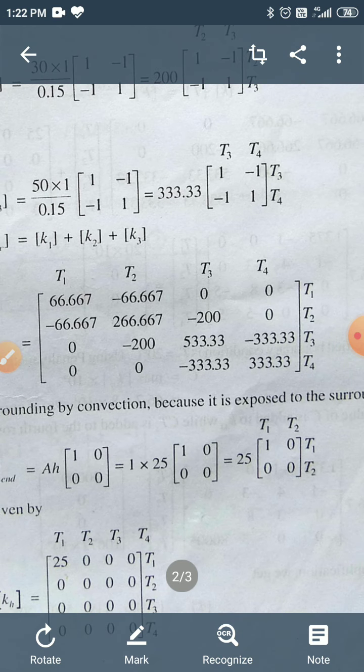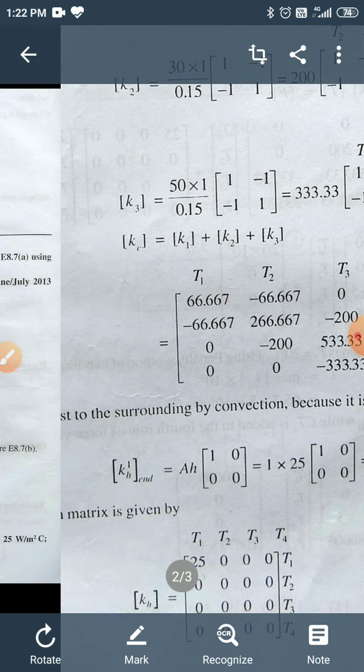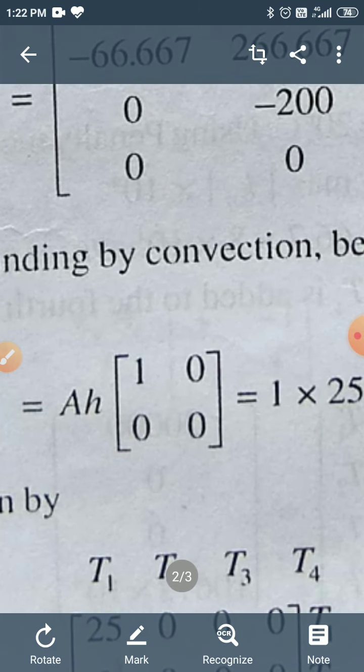Next, at node 1 heat is lost to the surrounding by convection, because it is exposed to the surrounding. For convection, the convection stiffness matrix Kh is equal to AH times the matrix 1 0 0 0.